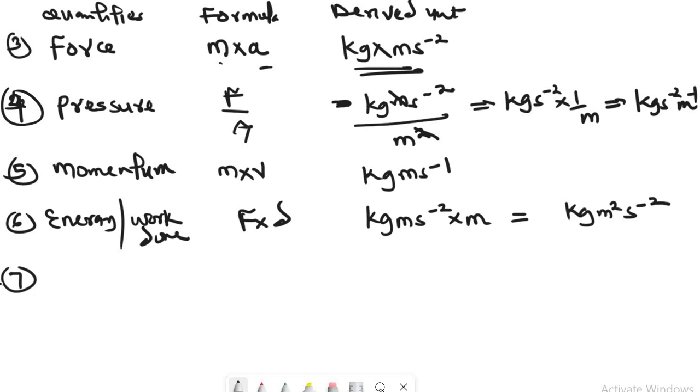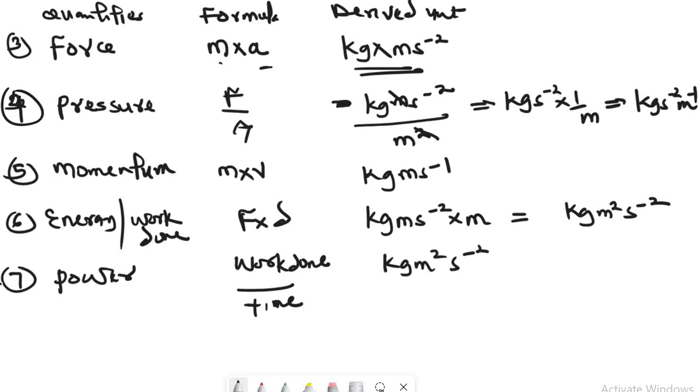Now, since we have work done, we can do power now. What is power? Rate of doing work. So the formula for power is work done over time. We got the work done now. Work done is kilogram meter square s minus 2. Time is second.